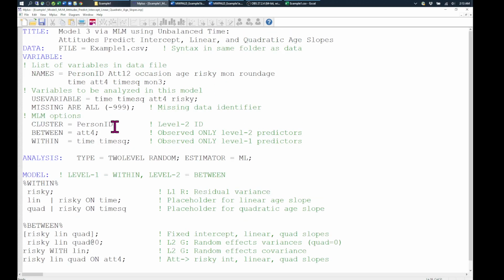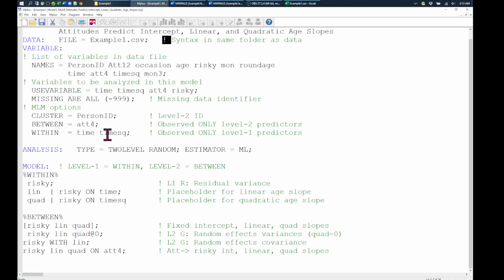The people who make Mplus have invested all of their effort into the statistics and the modeling and very, very little effort into the interface. So what I have here is just a plain text file. Comments are indicated by exclamation points.